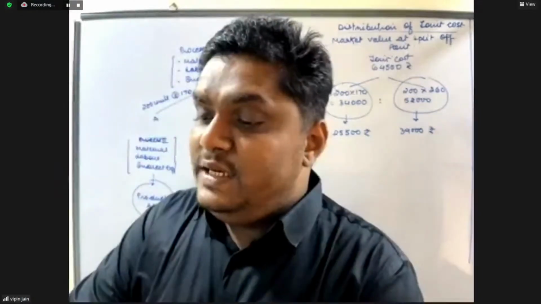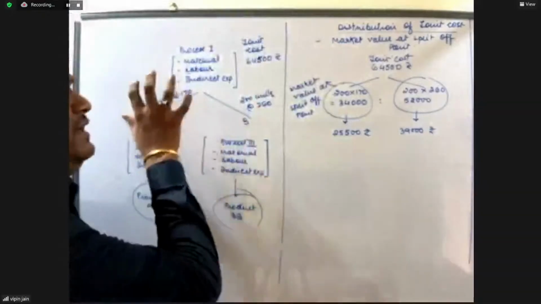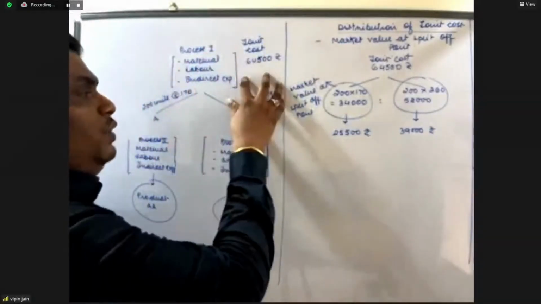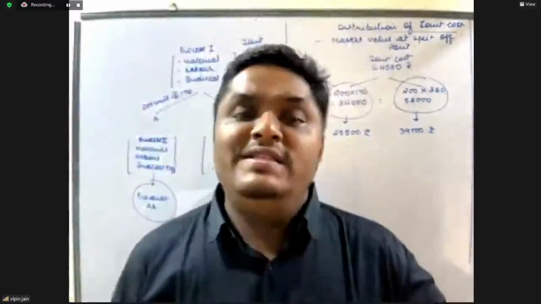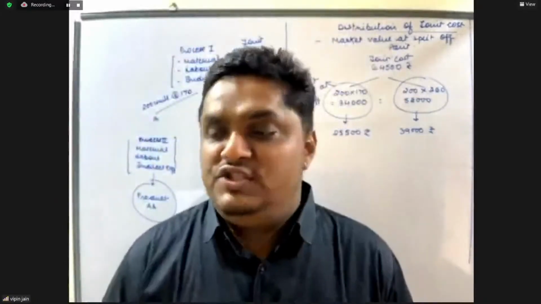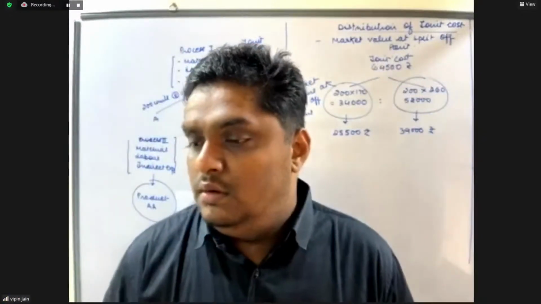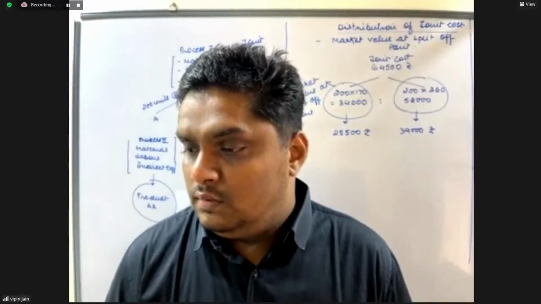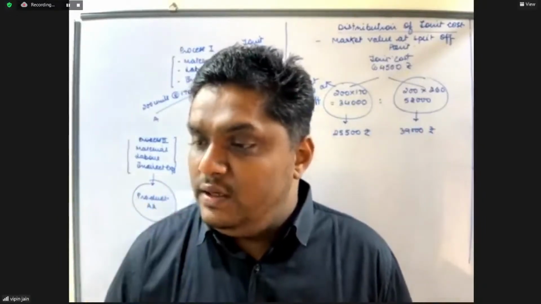No, it's not necessary, Noor Jamila. Let's say if 300 units are manufactured and are sold at 170 and 200 units are manufactured that are sold at 260. So units can be different, the selling price can be different. It's just an illustration, Miss Jamila. Hopefully your query is resolved. Anyone else having any doubts?